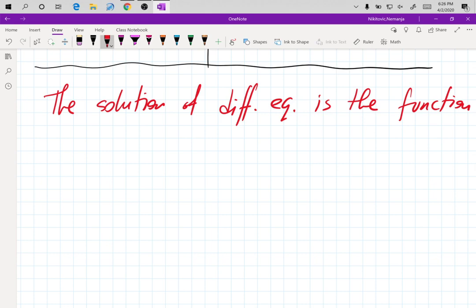So e to the x equals whatever. Solution is ln of that whatever, right? You are always able to find a solution for the equations, whether it's an algebraic or graphical solution, and those solutions would be numbers.